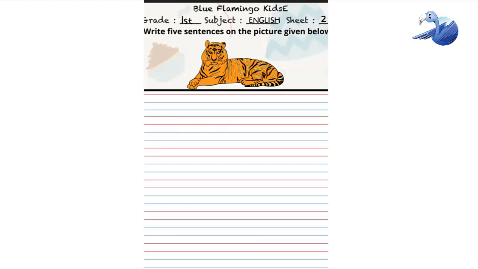Which animal is this? This is a tiger, and we write down 5 sentences on this. Tiger is a wild animal. The tiger is the national animal of India. Tiger is a very powerful animal.